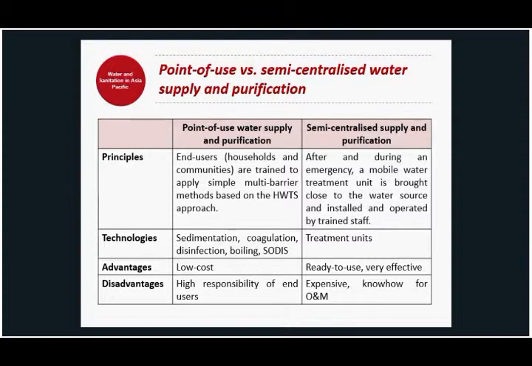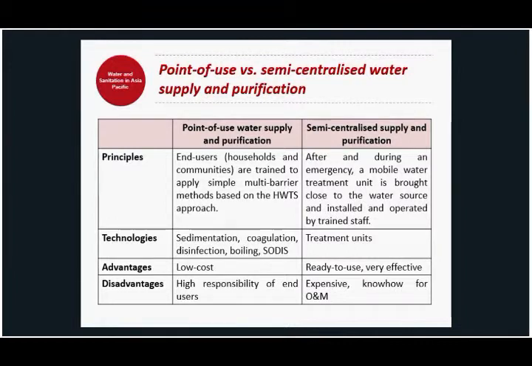So we have kit number 2, kit number 5, kit number 10, ERU WatSan modules number 15, ERU WatSan module number 40, and MSM 20. All these kits are ready to be deployed to disaster areas, and all these kits are based on semi-centralized supply and purification.